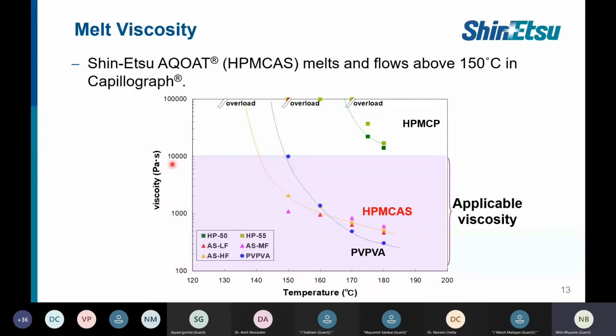If your melt viscosity goes above 10,000, then there is a possibility that very high torque will be generated during the process. And you can see that with HPMC phthalate, you are generally getting a melt viscosity above 10,000. It goes up to 15,000 or above, even at a temperature of around 180 to 190. So it is not very suitable for the HME approach if you want to use HPMC phthalate alone.